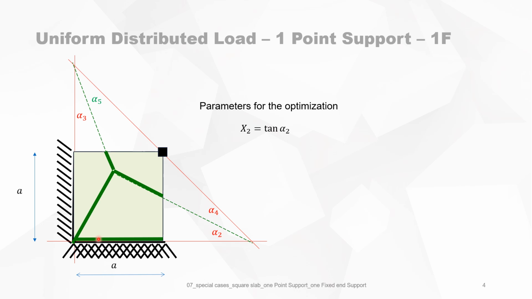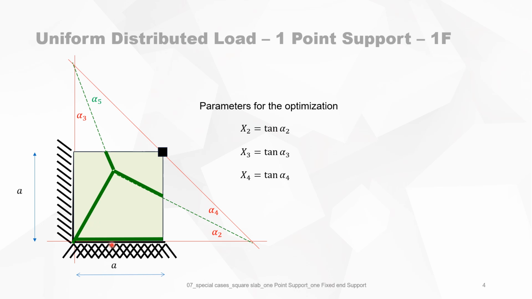Parameters for the optimization. We have x2, which is the tangent of alpha 2. We have x3, the tangent of alpha 3, and x4, the tangent of alpha 4. You can also take a parameter which is this one, instead of, for instance, alpha 4 or alpha 2. But because we have chosen alpha 2, 3, and 4, this point is fixed, and this point is fixed.